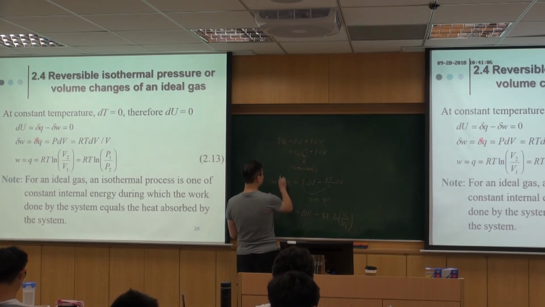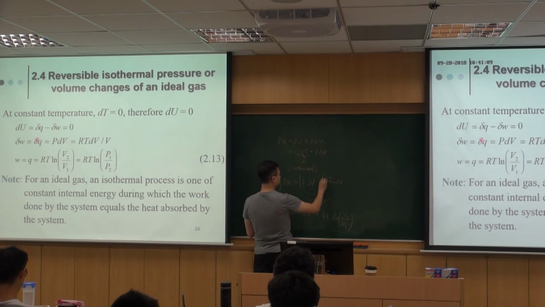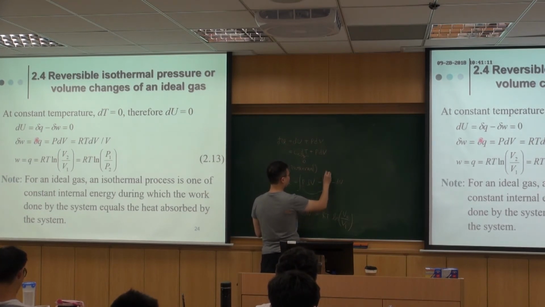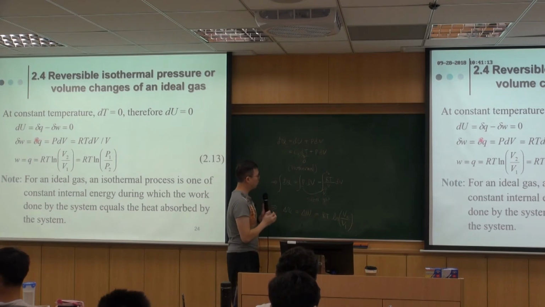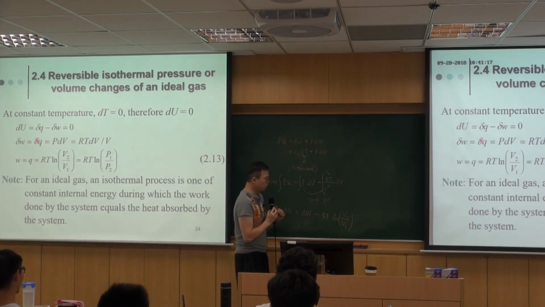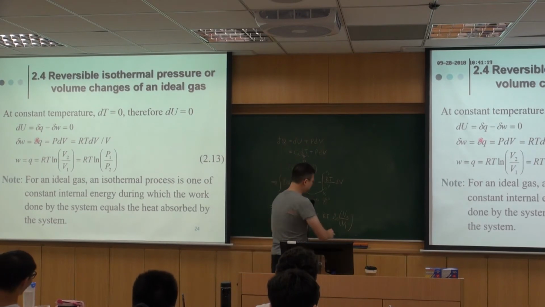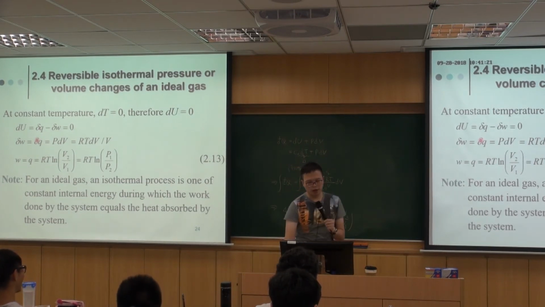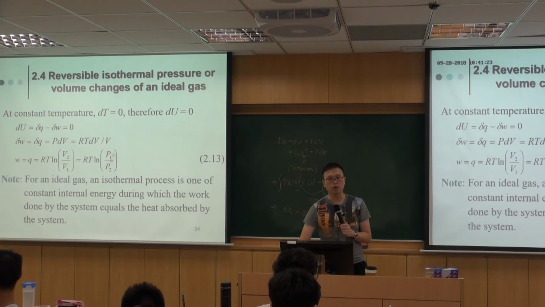Because you want to do this integration, right? And this is from V1 to V2. So in the end, you'll have something like this. And of course, based on the ideal gas law, it can be converted to P1 over P2.